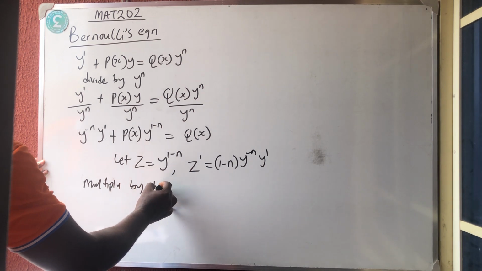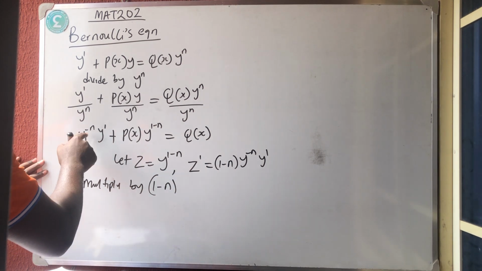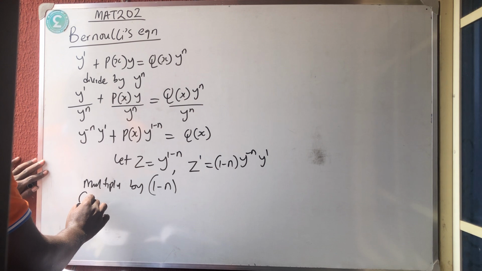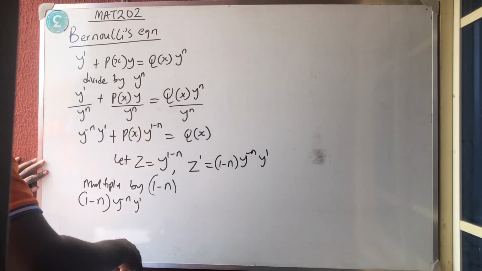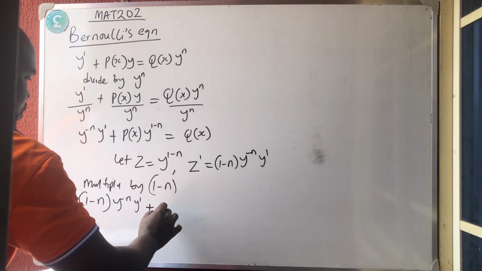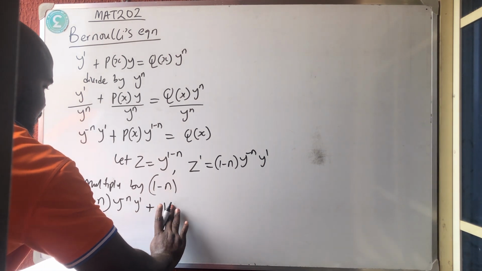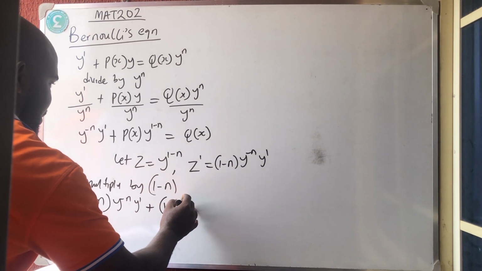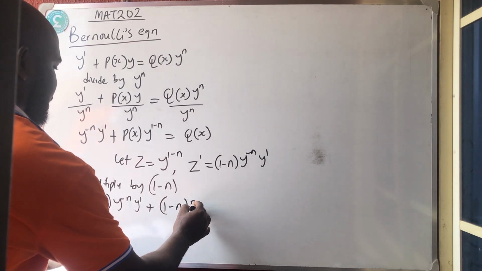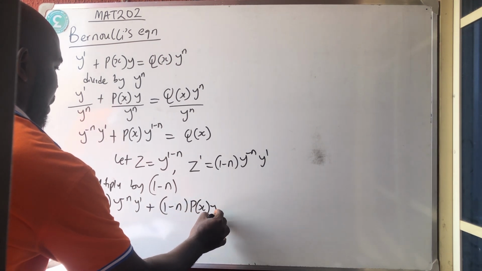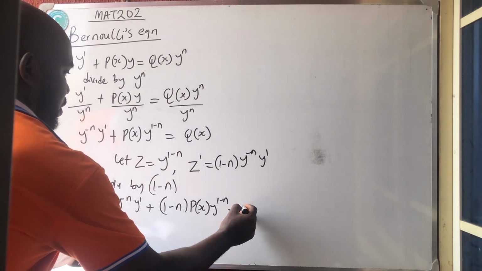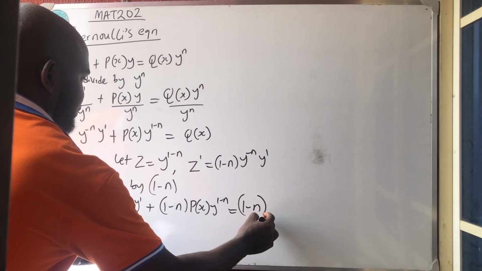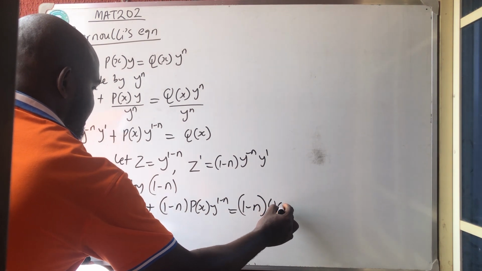So 1 minus n times this, I'm having 1 minus n, y raised to power minus n, y prime, plus 1 minus n, p of x, y raised to power 1 minus n, is equal to 1 minus n, q of x.